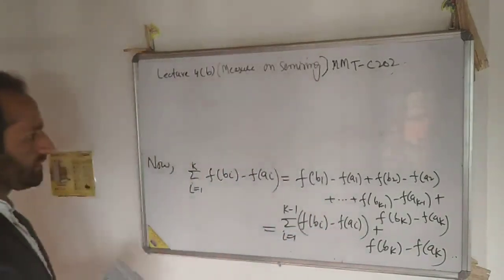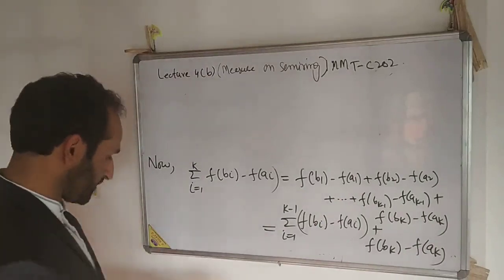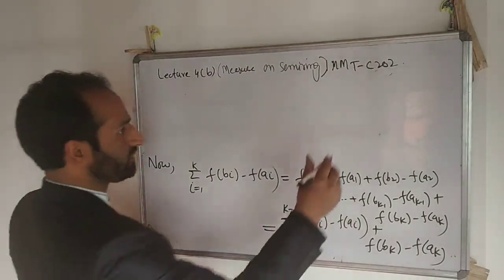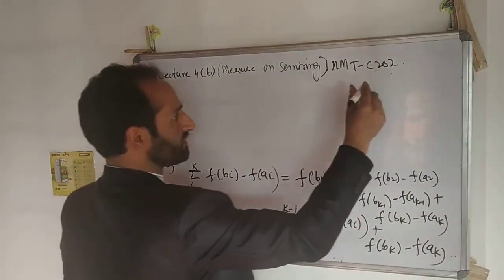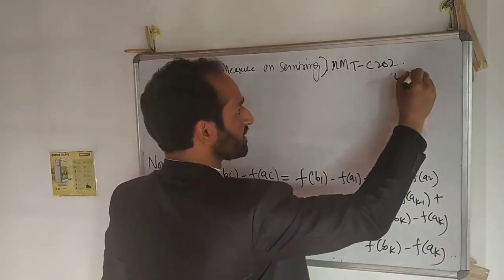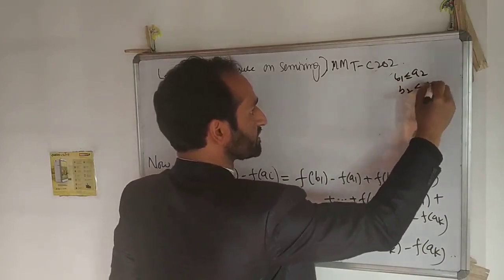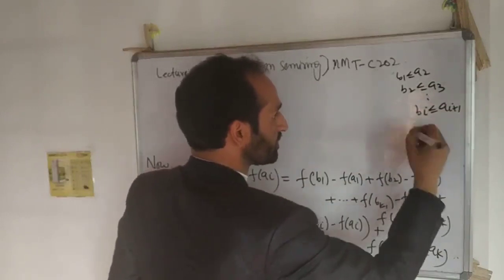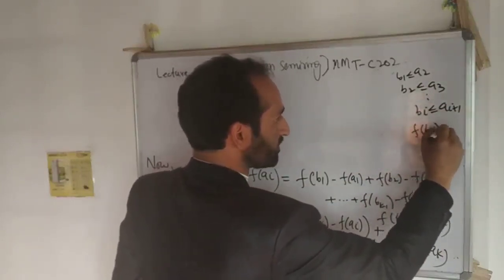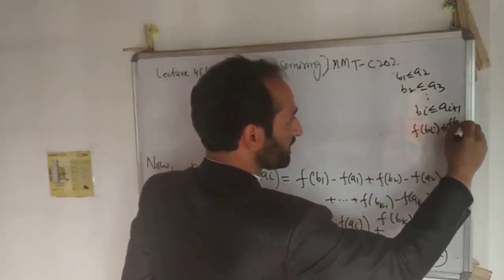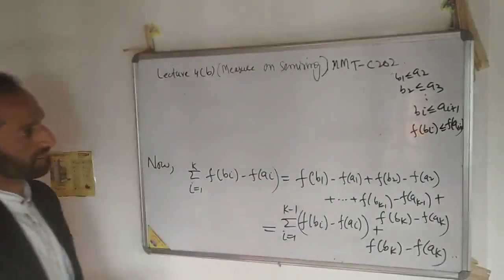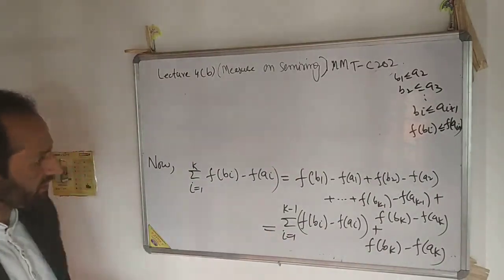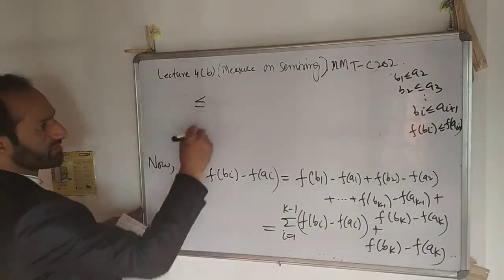And this bi, what is bi? We have arranged this sequence in a way that b1 is less or equal to a2, b2 is less or equal to a3. In general, bi is less or equal to a(i+1). So that means f of bi must be less or equal to f of a(i+1), because f is an increasing function.